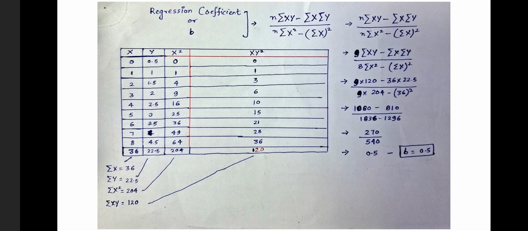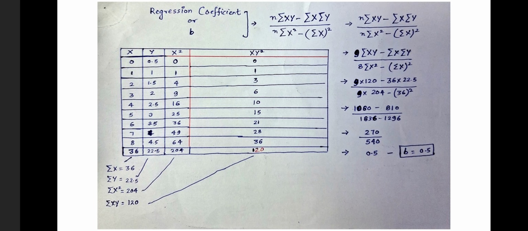And next we have to find xy. You have to multiply x with y in each outcome. By mistake I put it as xy square. You just need x and y. So you will total x times y, and it will be 120.